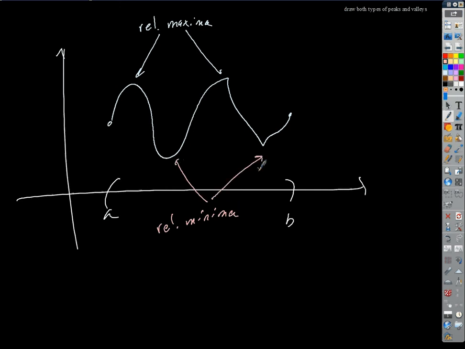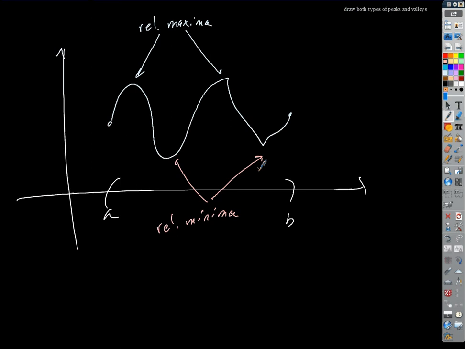Can you connect those to calculus, the derivatives? Where the slope is 0, what does that mean on a function? The slope of a function means the slope of a tangent line to the function.